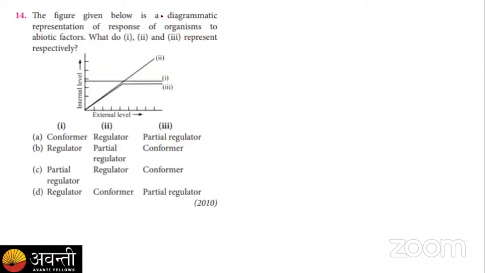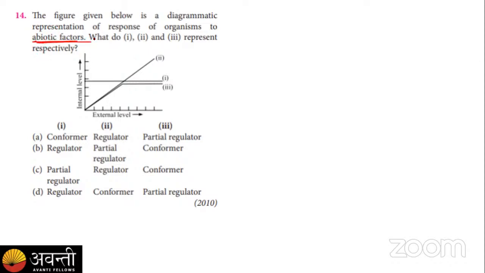Next, your question number 14. The question number 14 says, the figure given below is a diagrammatic representation of the response of organisms to the abiotic factor. Here we are discussing the response of organisms to the abiotic factors, right?